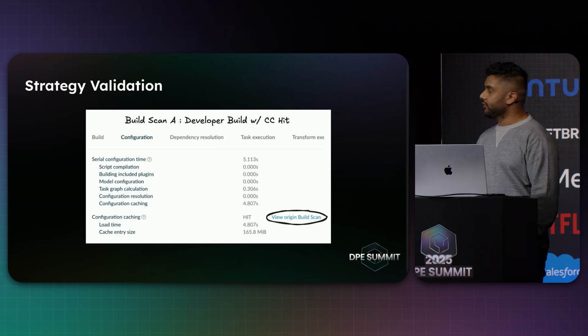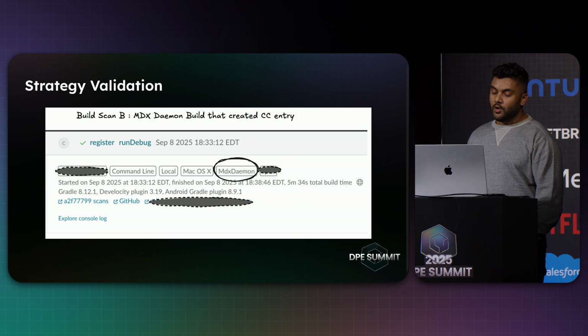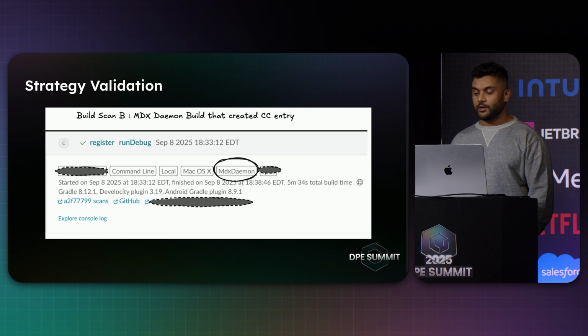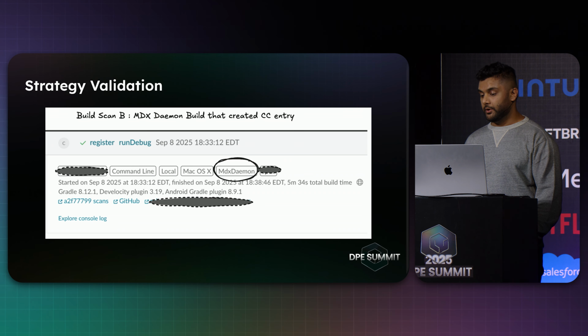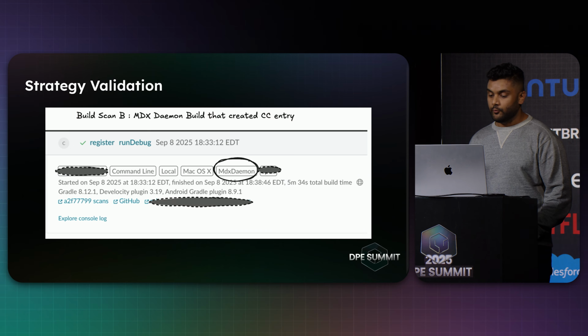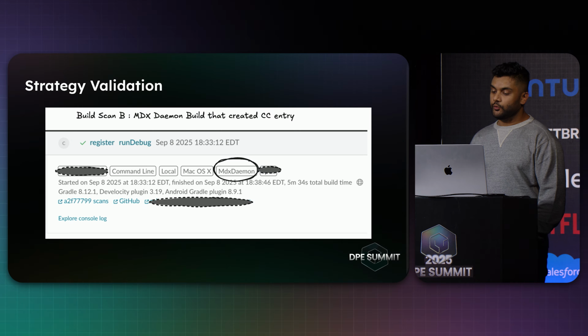When we click into the origin build, we see a build that is tagged with the MDX daemon scan tag. This tells us that this build was executed by the MDX daemon and that the developer build was able to skip the configuration phase of their build because the background build had created a cache entry at some point in the past. Without the daemon and without pre-warming the configuration cache, the developer would have to go through the entire configuration phase, resulting in a slower build.